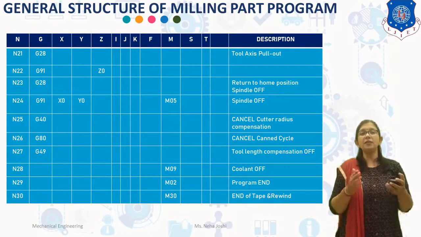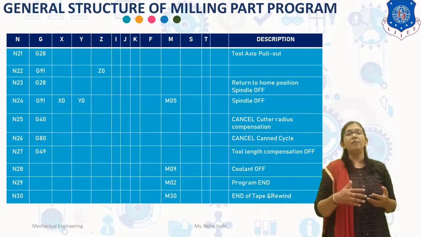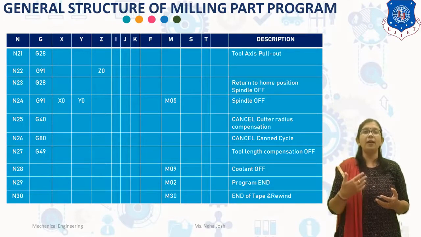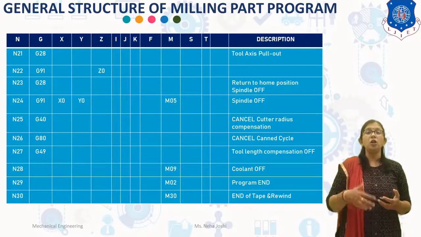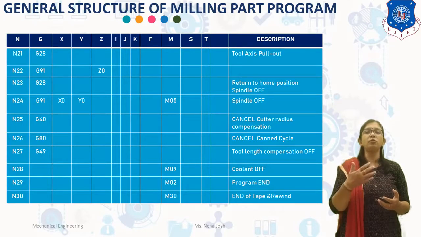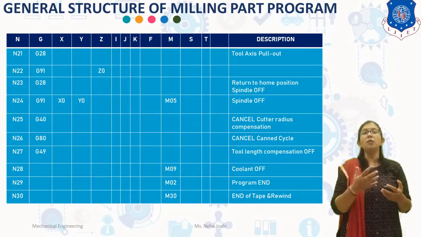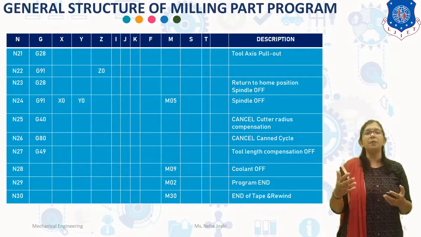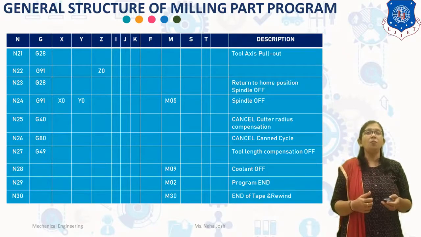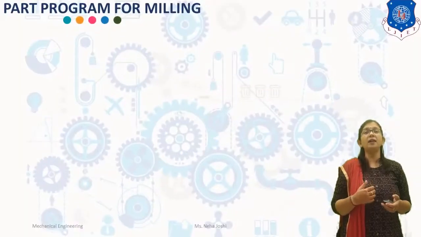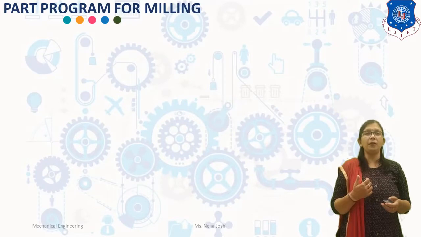And the last sequence is N30, and M30 is used for the end of tape, and the tape will rewind automatically. So this is the general structure for the milling part program. According to the machining operation, the sequence numbers may vary. Now we will start the part programming for milling. Let's take one example.